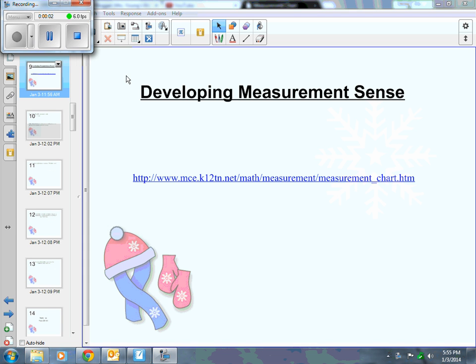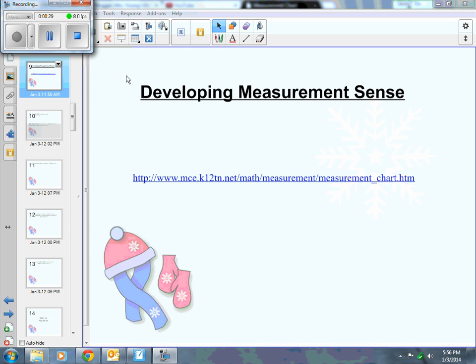All right, in this lesson, we're going to be discussing how to choose and convert different measurement units. The first thing we're going to do is talk about developing measurement sense. When you're talking about measurement, we're talking about things like length, capacity, weight, centimeters, inches, pounds, ounces, all that good stuff.